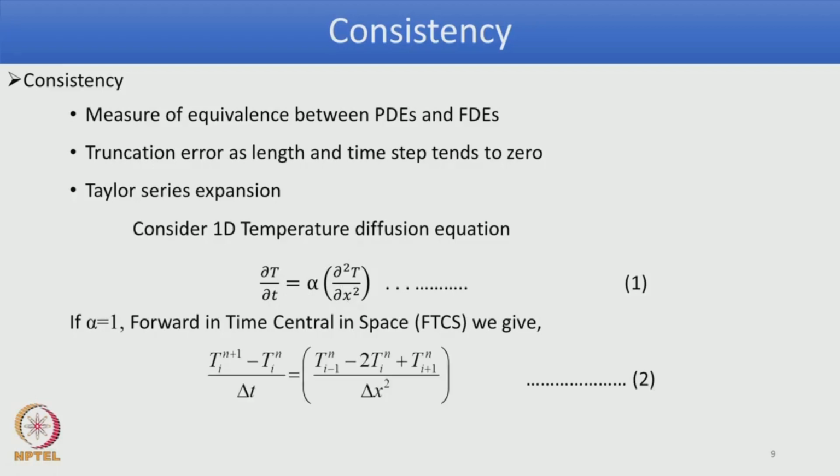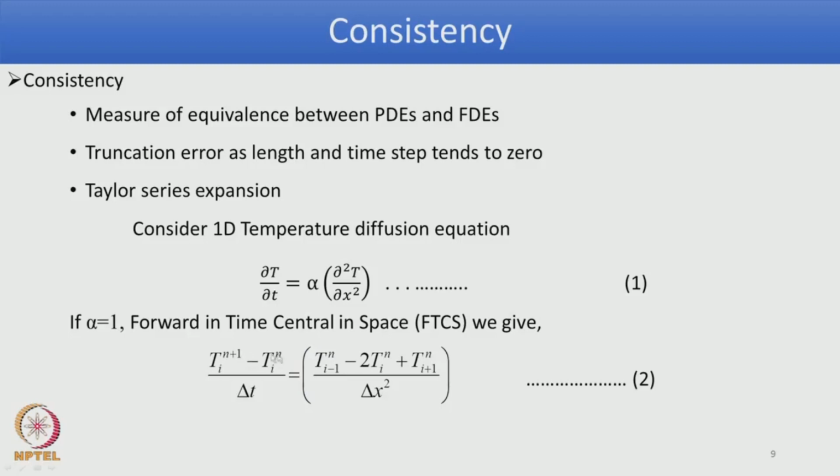If you substitute forward in time on the left hand side, you get the finite difference equation as T of I evaluated at n plus 1 time level minus T of I known from n level, divided by delta t. This is forward in time, and as I mentioned in yesterday's class, subscript I or j stands for space and superscript n stands for time. So, when you say n plus 1, it is forward in time minus n.